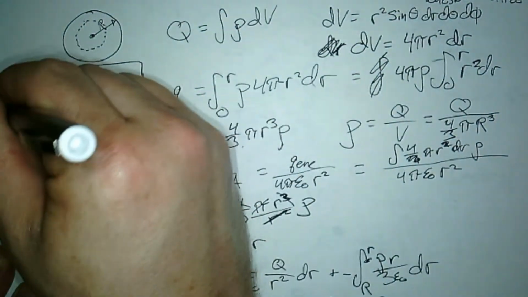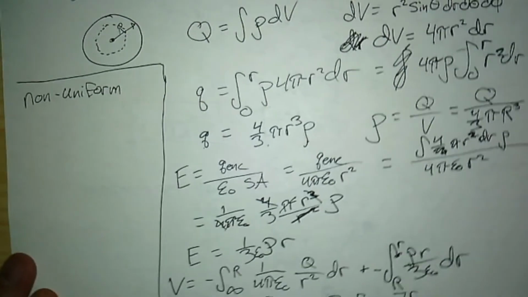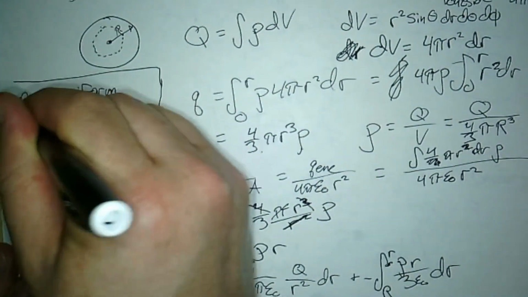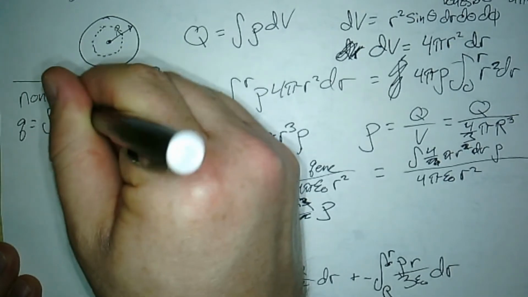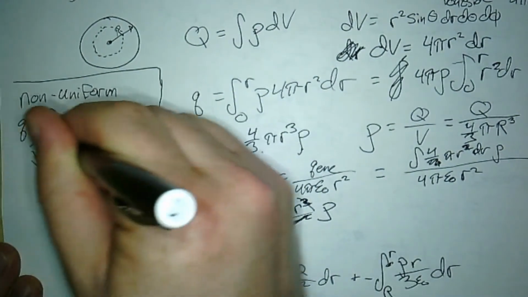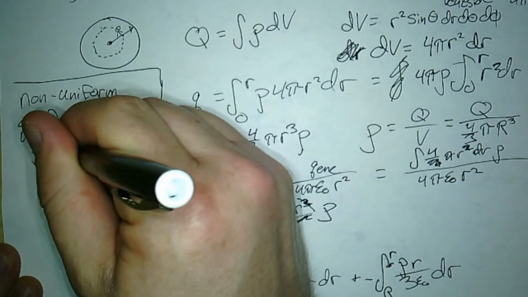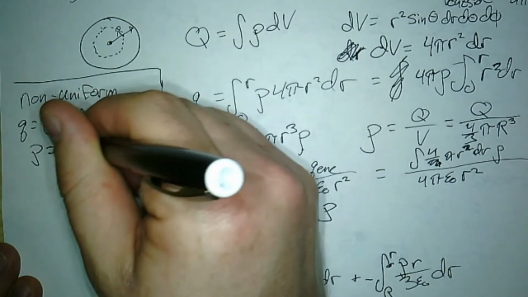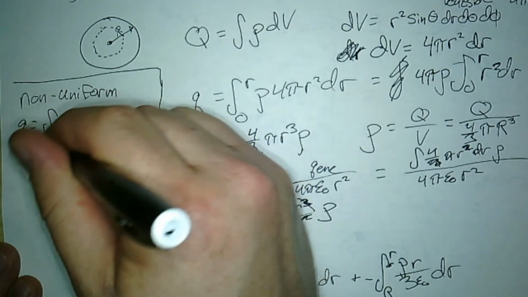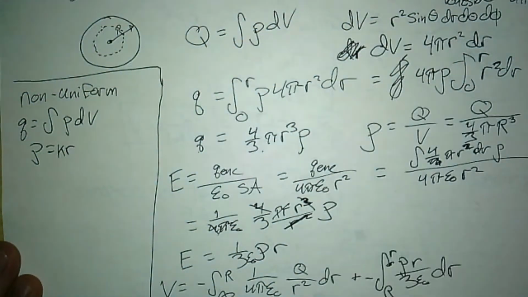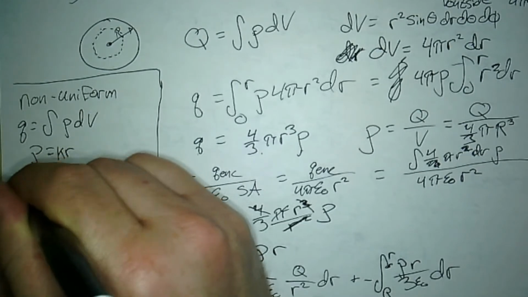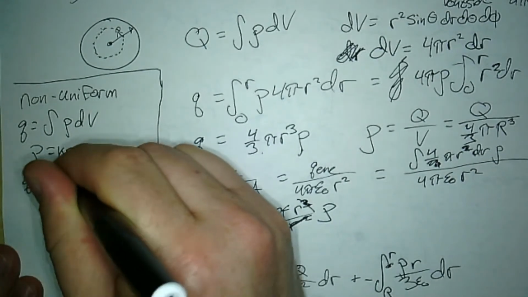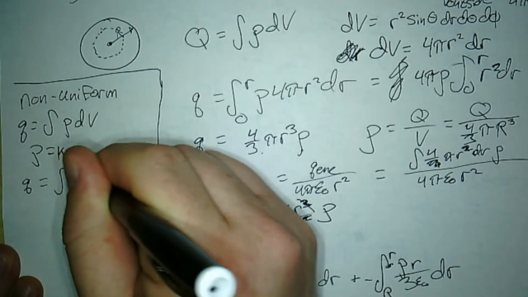I would say when we're finding our q, we're going to get q equals integral of rho dv still, right? But let's say rho has an r dependence. So rho equals some constant times r, let's say. Well, so now when I solve this integral, this is actually going to be k r dv.